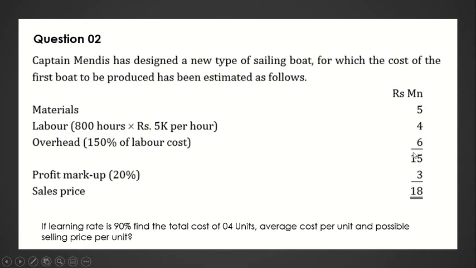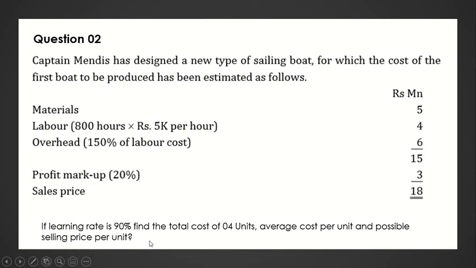If they are producing first boat, this will be their cost and this will be their selling price. So now they are asking, if this company is producing 4 boats, what will be their total cost, what will be their average cost, and what will be their possible selling price.